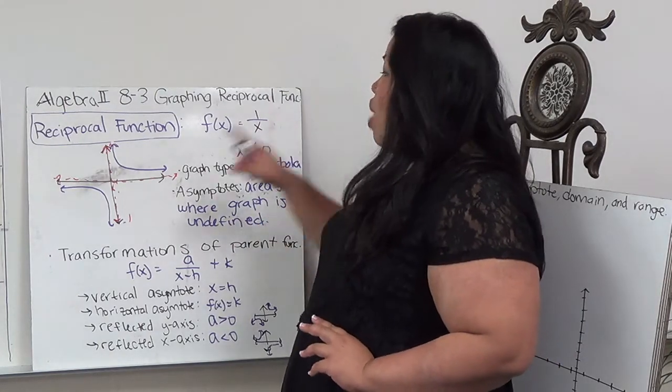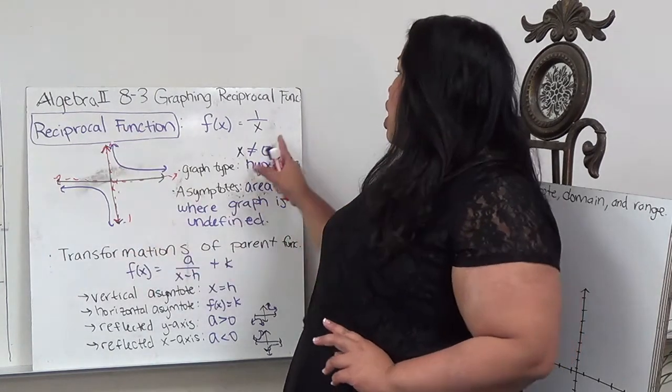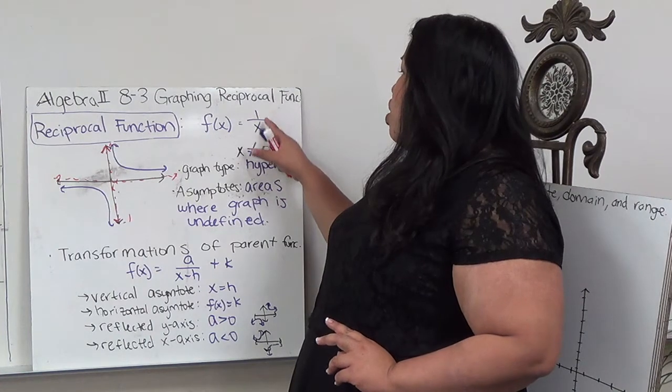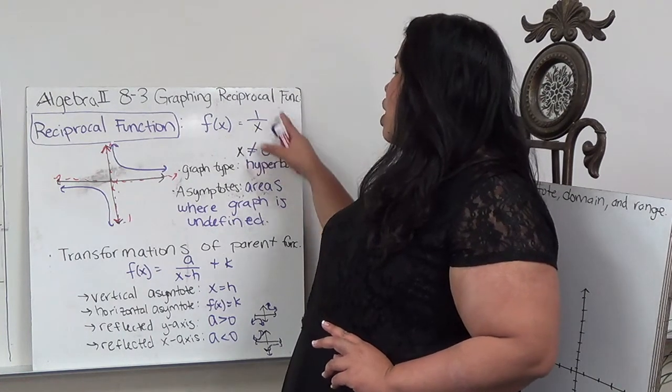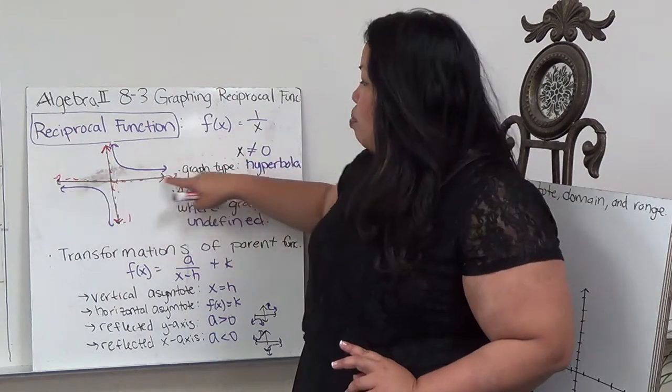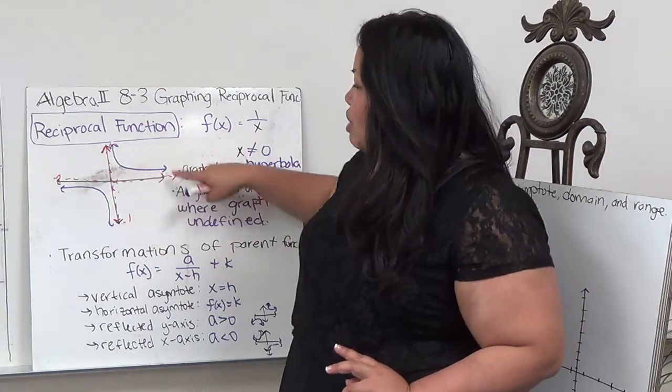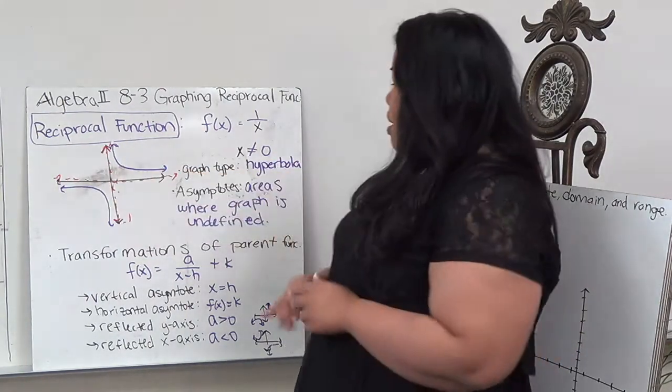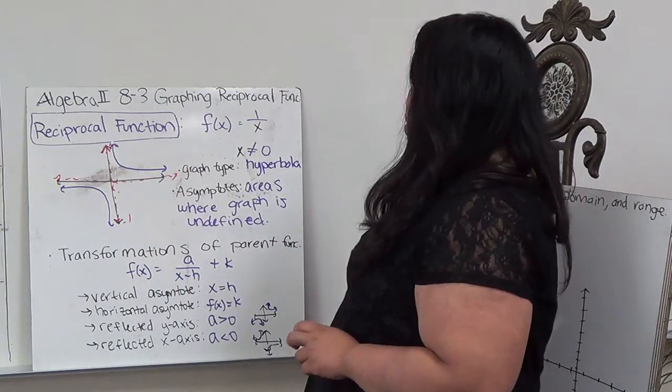But also, y will never be 0, because 1 over something can never be 0. So y will never be 0 and x will never be 0. The places where it'll never be are called asymptotes, and that's where the graph is undefined.